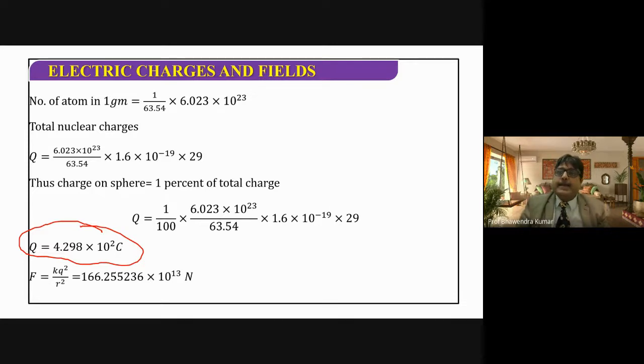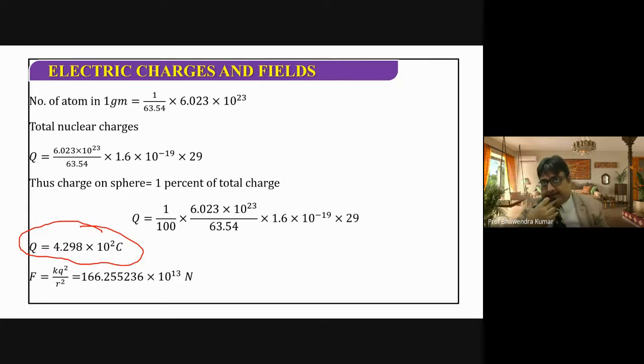So the charge is still 1% of the total. The sphere is holding a certain positive charge and a certain negative charge, right? That 1% is extracted from one sphere and put on the other sphere. So of course the electrons will be extracted from one and put on the other, so that the transfer is 1%.